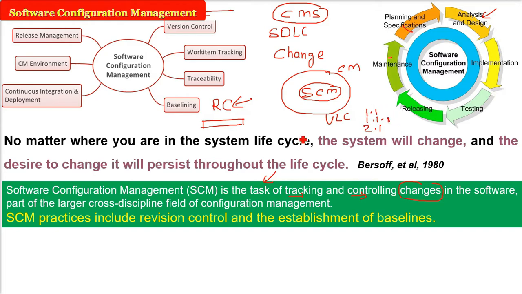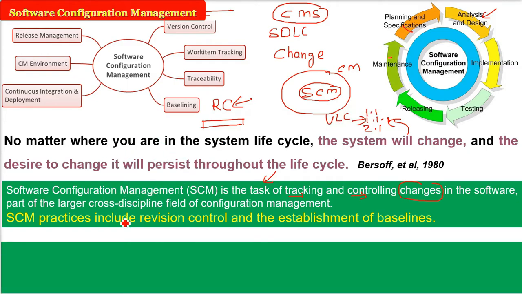So how to control this version, what changes have been done, who has done it, how they are being kept. They are being kept in GitHub or wherever it is. So this is the management of configuration software, because the software keeps on changing, the work product keeps on changing, and the tracking and controlling of all this using revision control and establishment of baselines is SCM.